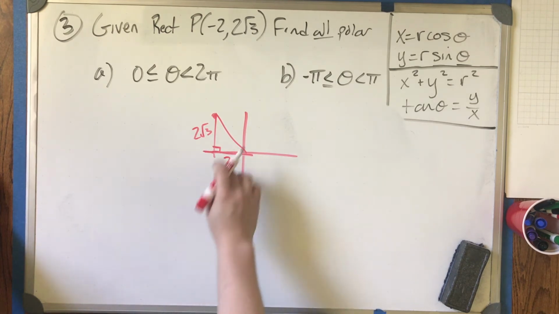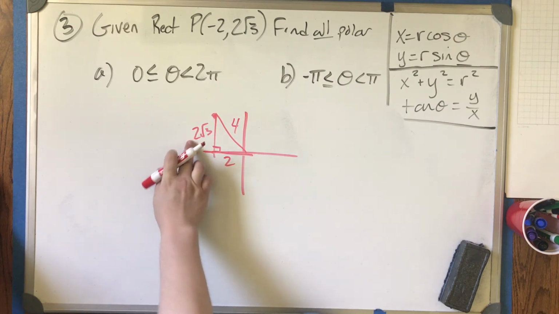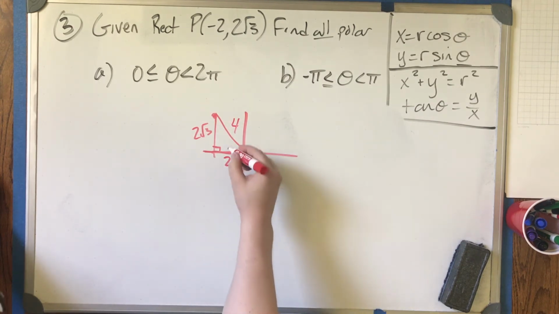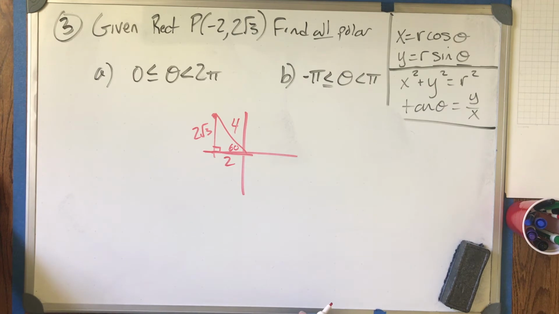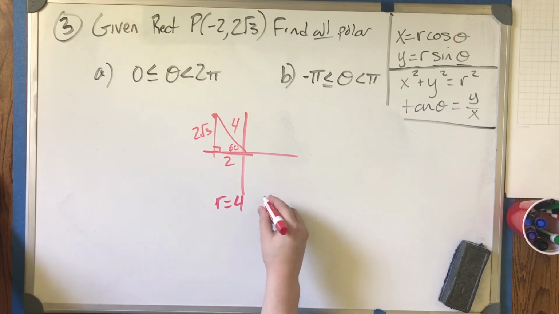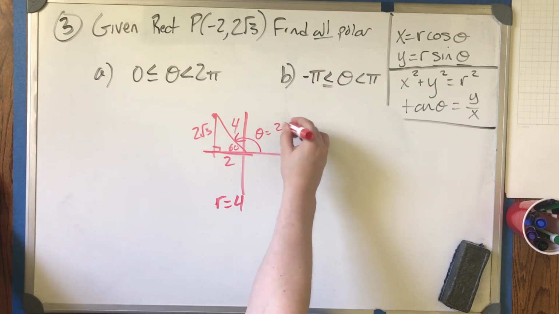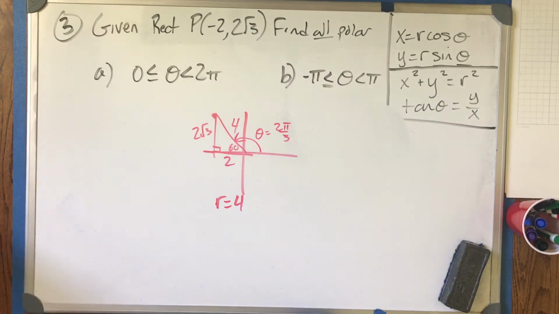This follows the pattern 2x, x, rad 3 of a 30-60-90. So I know that this is going to be 60. So I know automatically my radius is 4, and I have this angle right here, theta, of 2 pi over 3, so 120.